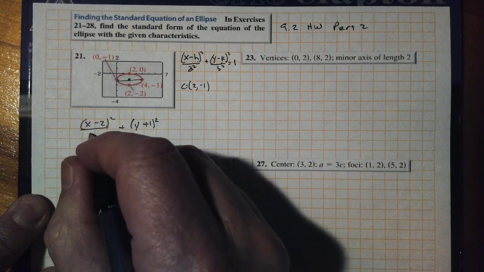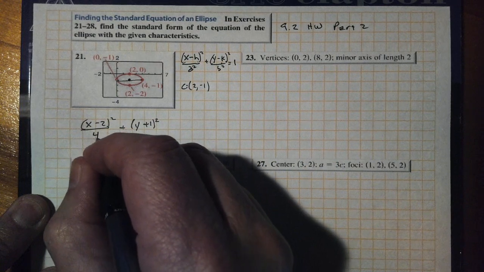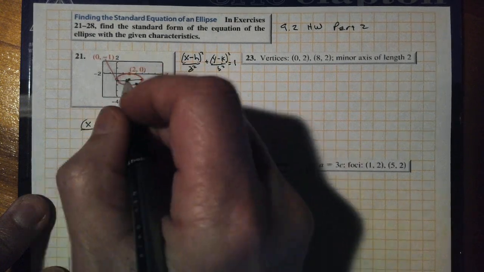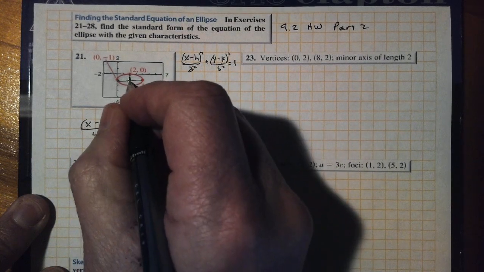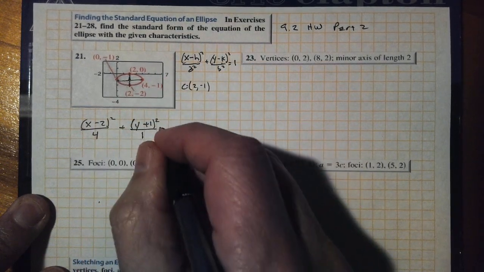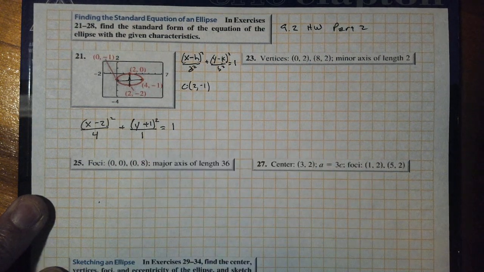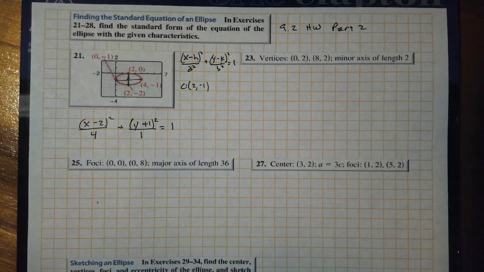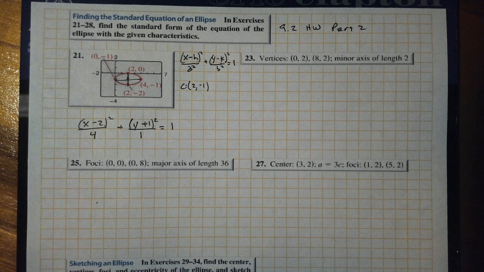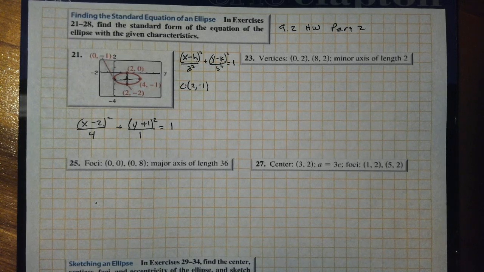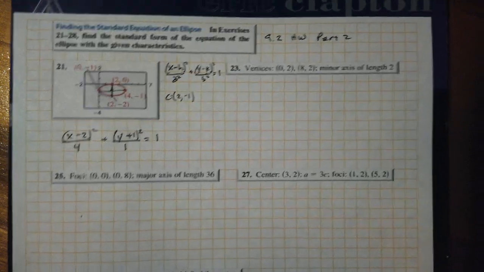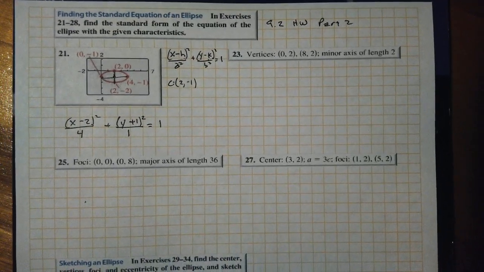A is 2, so this is on 2 squared, 4. B is this distance. The up down is underneath the y. Up 1 down 1, 1 squared. And we've got it. So pretty nice when we've got a diagram. So my point being, maybe we should get diagrams on these, unless you're really a good abstract mathematician. A lot of people will benefit from diagrams, as I do.